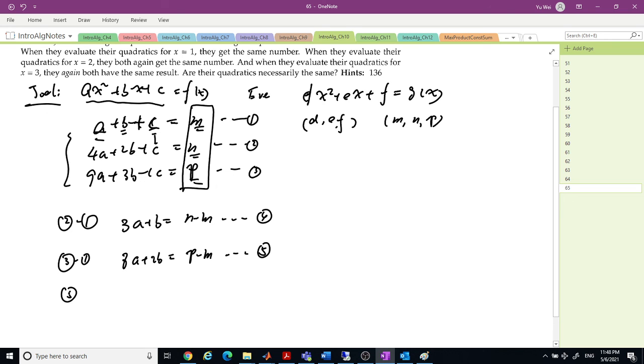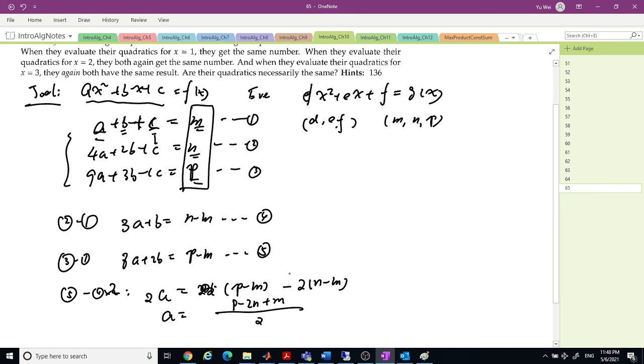So 5 minus 4 times 2 is 2a equals p minus m minus 2 times n minus m, right? So we can solve a is 1 over 2 times p minus 2n plus m.